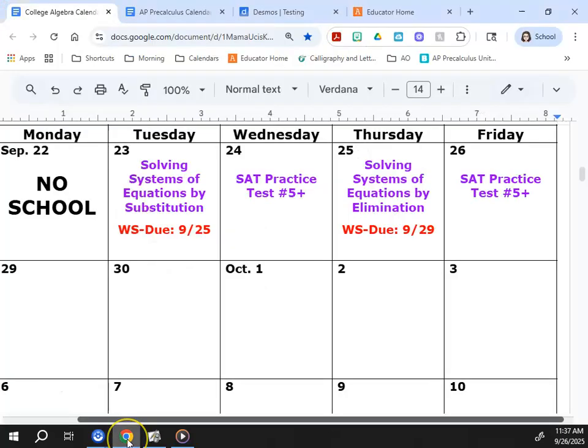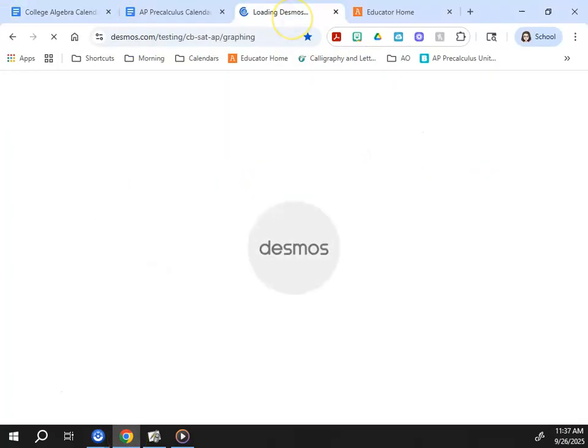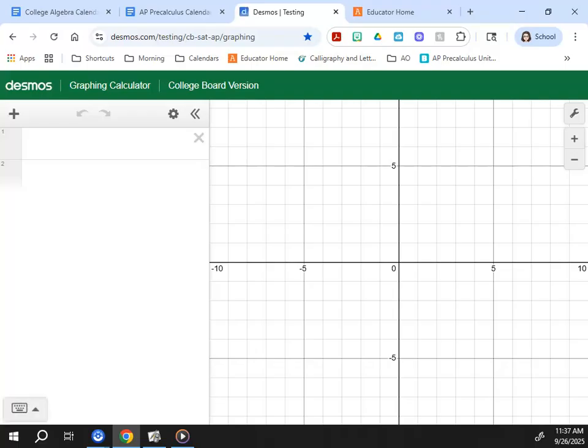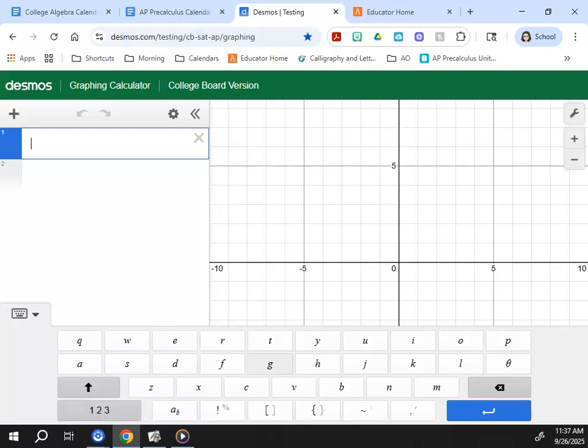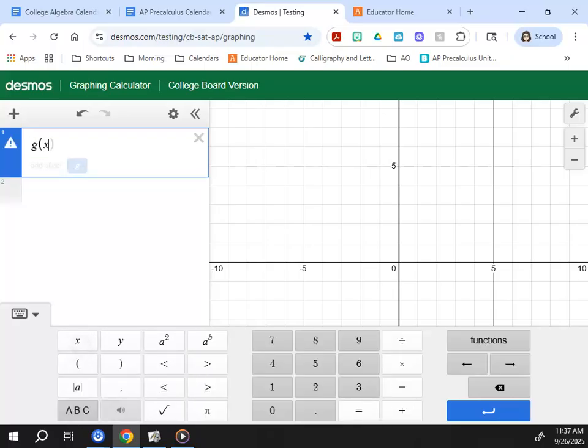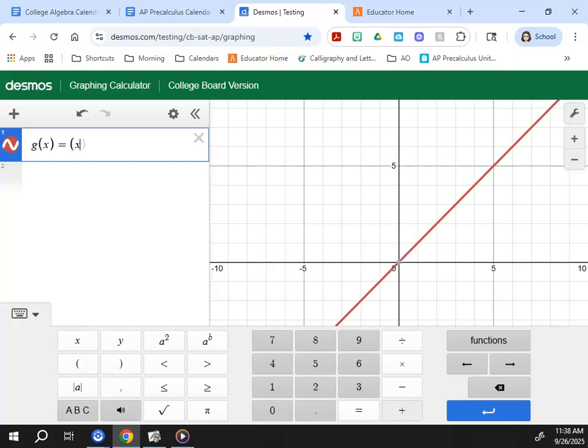So I want everybody to go to Desmos, and everybody's going to push the buttons. And I want you to type in g of x just like it looks, the g and all. G of x equals x plus 14.